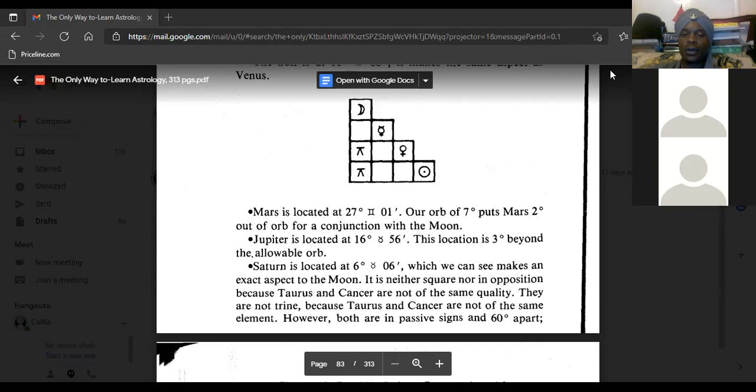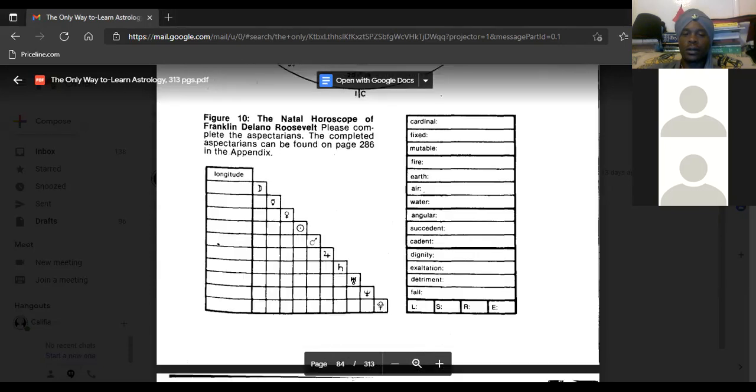It is neither square nor in opposition because Taurus and Cancer are not in the same quality. They are not trine because Taurus and Cancer are not of the same element. However, both are in passive signs and 60 degrees apart.